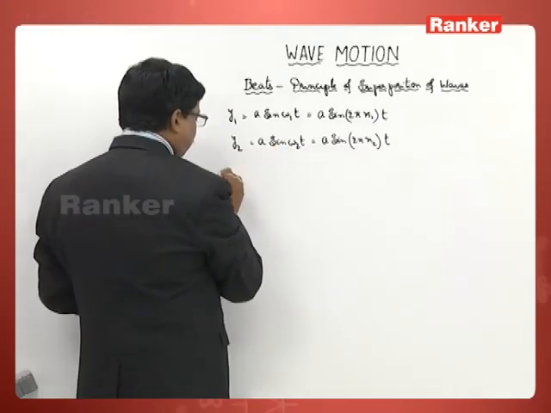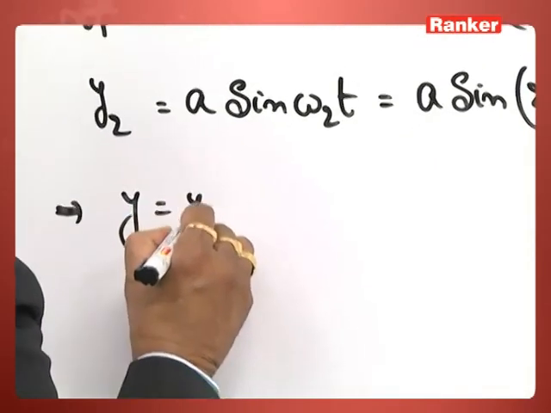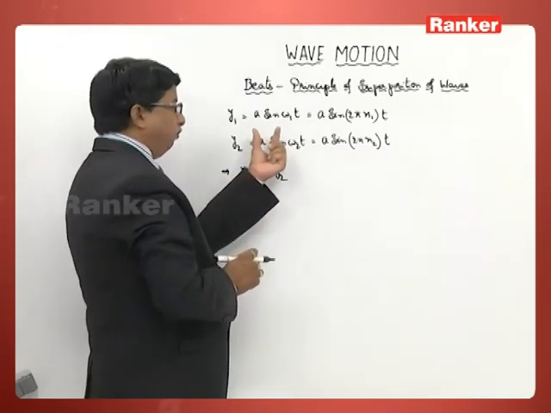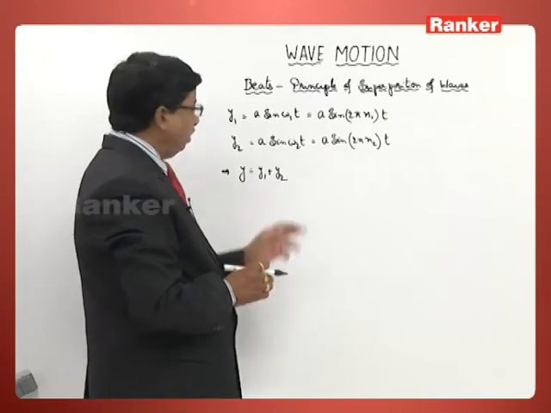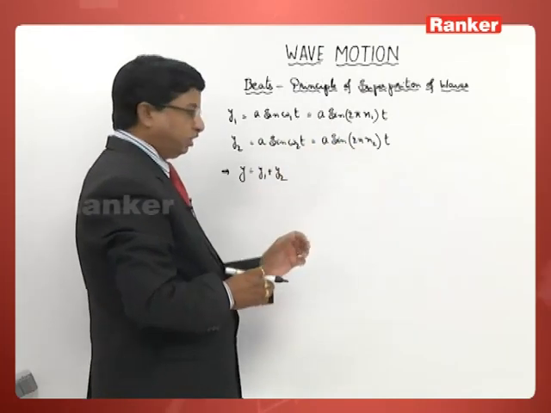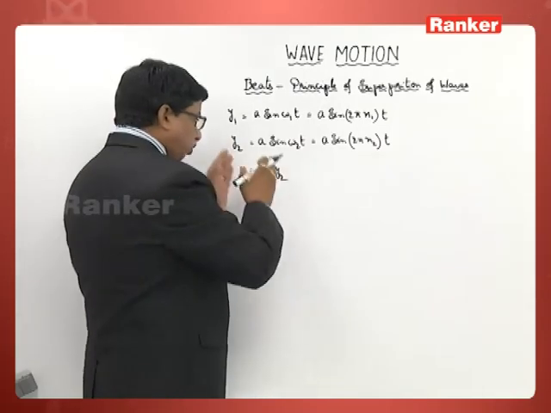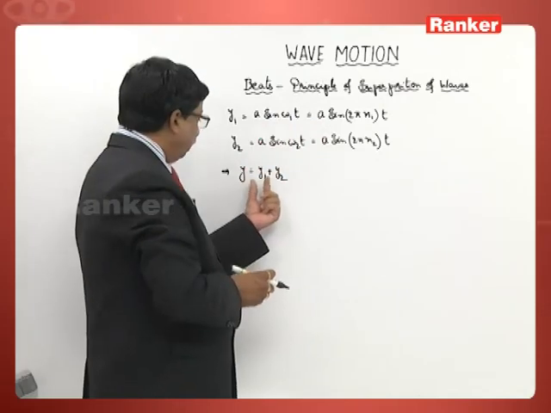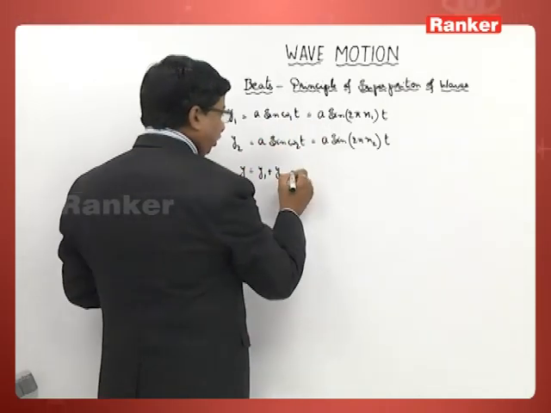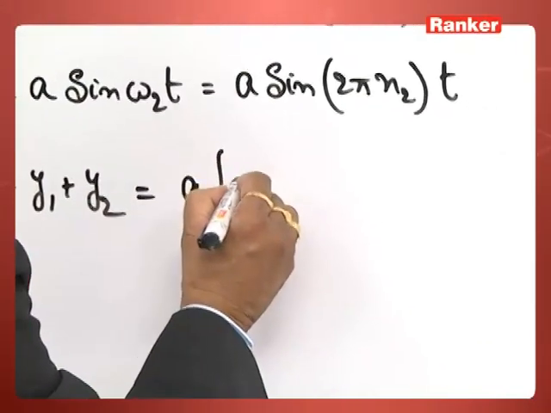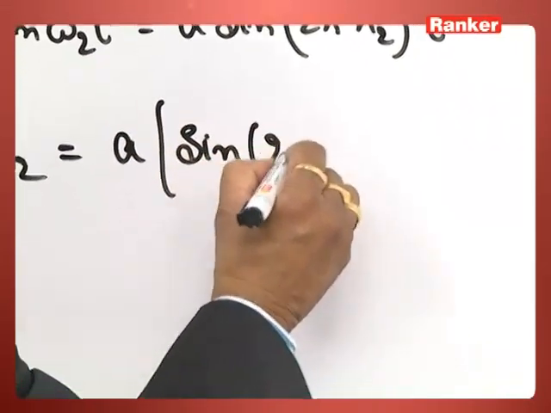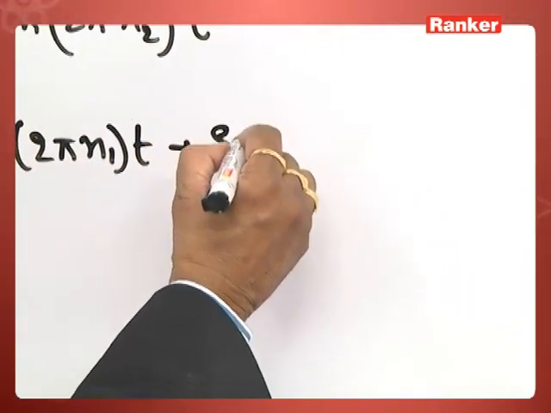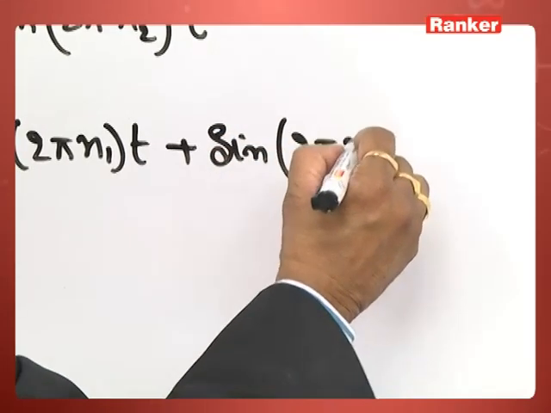This implies y equals y1 plus y2, where y is the displacement of the resultant wave, y1 is of the first wave, and y2 is of the second. These two are to be added to get the resultant displacement. So y equals y1 plus y2. Taking A common: A times sin 2 pi n1 t plus sin 2 pi n2 t.